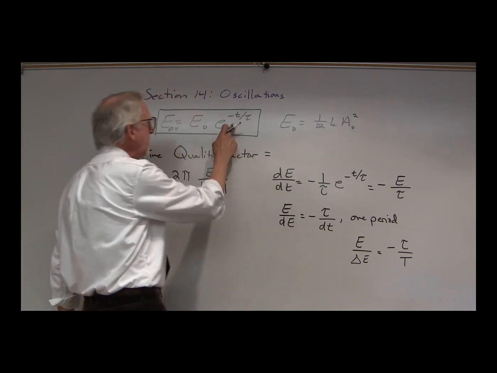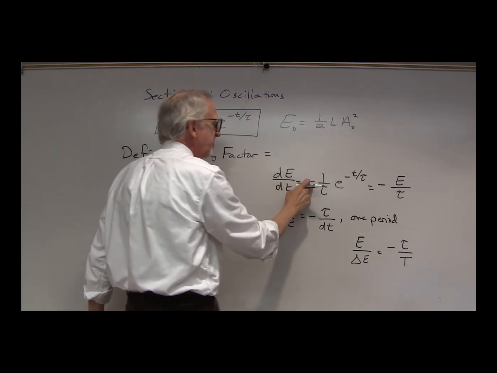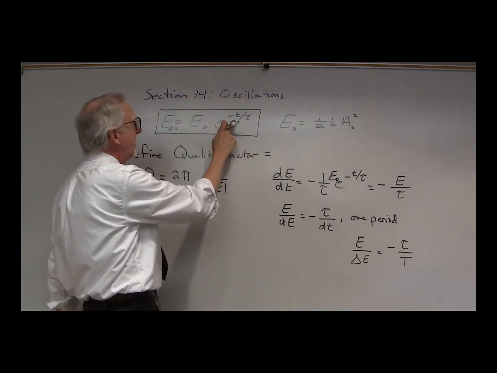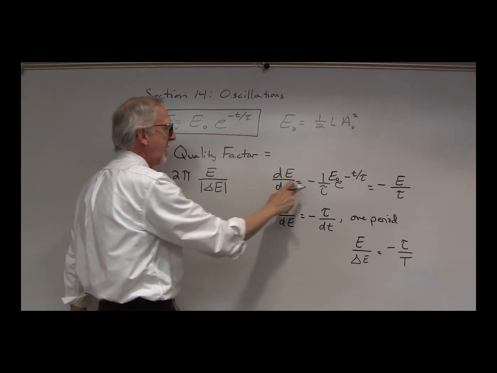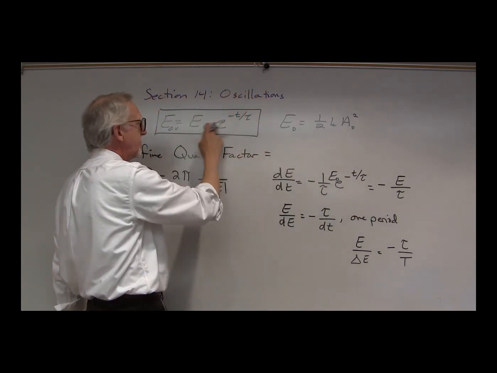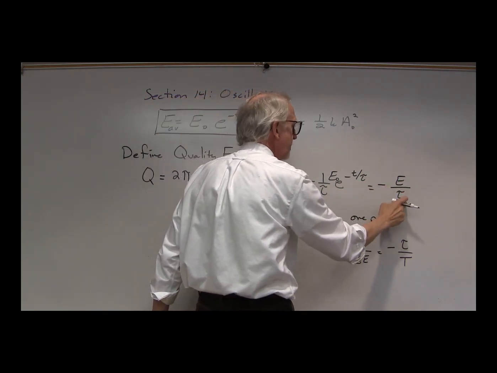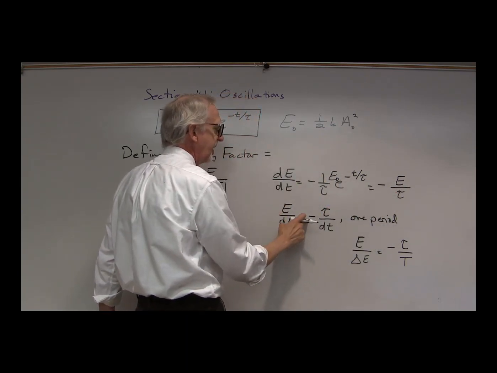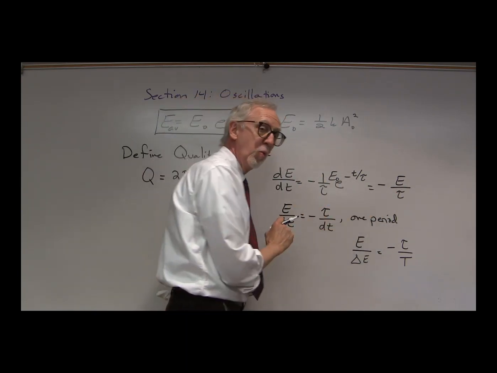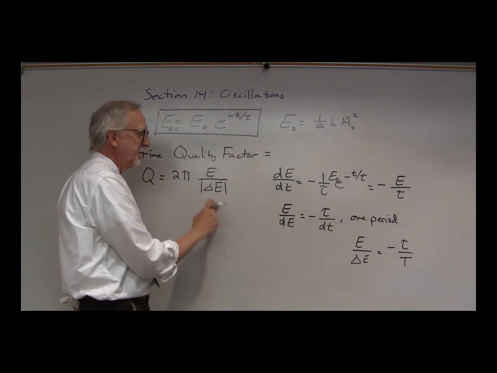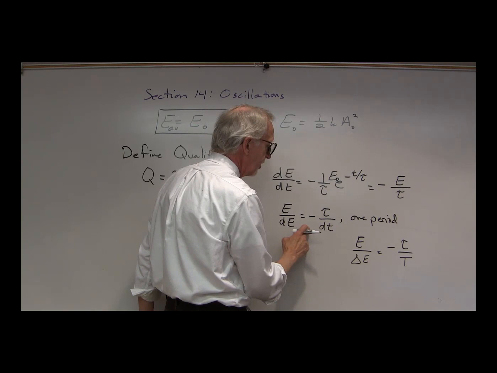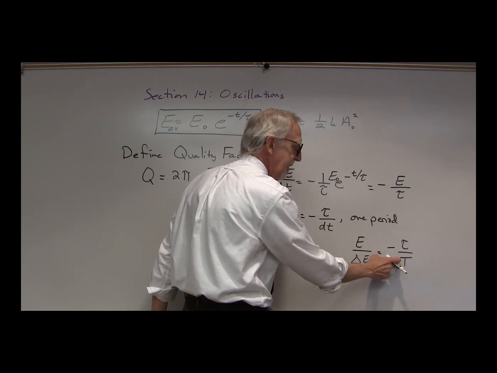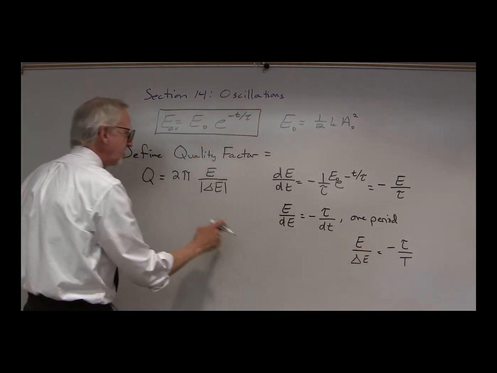Differentiating dE dt, we bring down a factor of minus 1 over tau. So we have minus 1 over tau, E naught, e to the minus t over tau, which is the energy. So E over dE multiplied by negative tau, we have negative tau over dt. Or for one period, we want this for one period, that's going to be E over delta E for one period will be minus tau over dt, and for one period dt is the period T. So let's bring this over here, and what do we get?